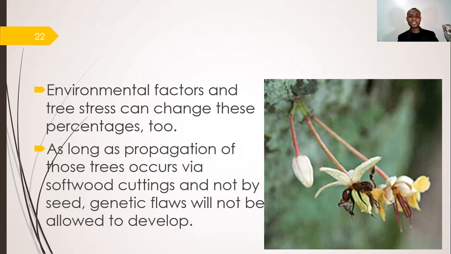Okay, so as long as propagation of those trees occurs via softwood cutting and not by seed, genetic flaws will not be allowed to develop. Okay, so what that means is that if propagation is through cutting, it could be budding or grafting, and it's not by seed, then some of the problems of self-incompatibility can be reduced.